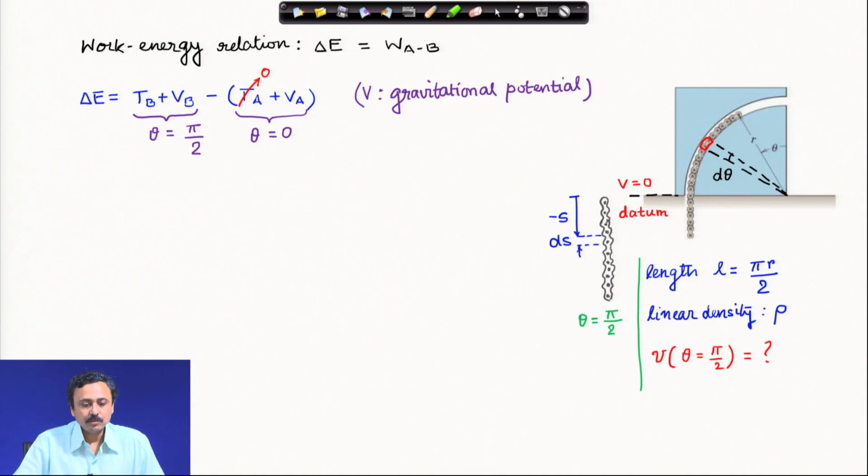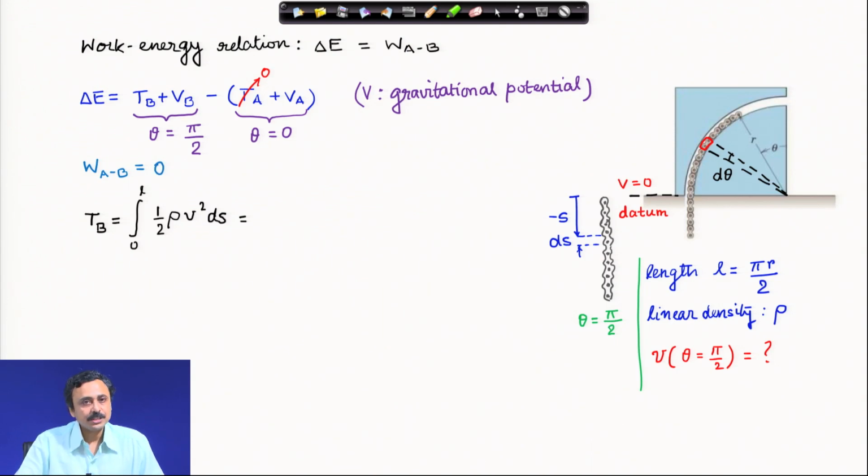Now, we have to calculate the kinetic energy and potential energies at these two locations. As the chain moves from configuration A to configuration B, there are no other forces than the potential force, which is gravitational force, and that is already included in V. Therefore, work done by any other external force is 0.